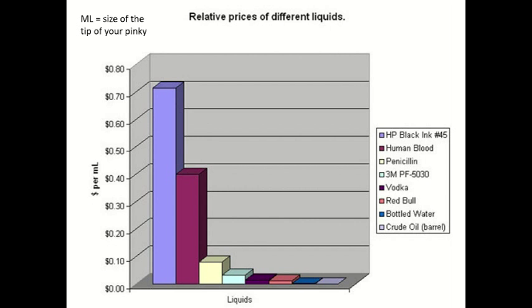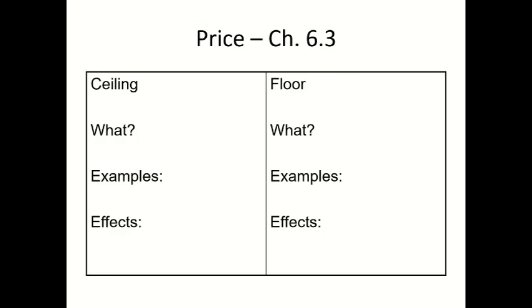And then, well, let's see. Let's take a look at prices. A price ceiling. A ceiling is the price can go no higher than this. You see that with rent control, price gouging sometimes, and price gouging basically is where you see something in demand.